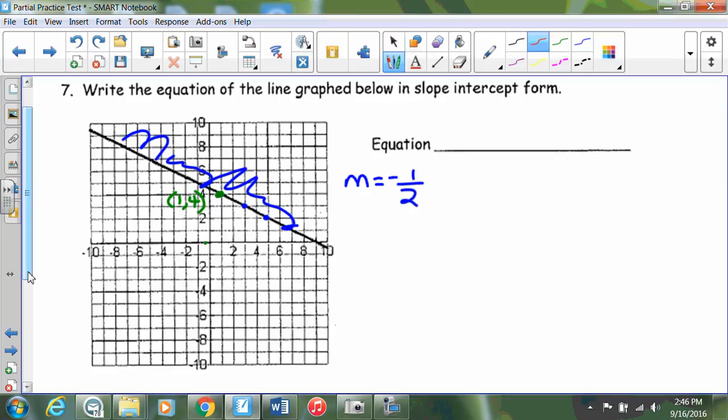The name of this point, if I were to go to it from the origin, I'd go over 3 for x, and I would go up 1, 2, 3 for y. The name of that point is 3, 3. And if I looked at this point, the name of it would be over 5, up 2. So we can pick 1, 4, 3, 3, or 5, 2. I'm going to go with 1, 4.